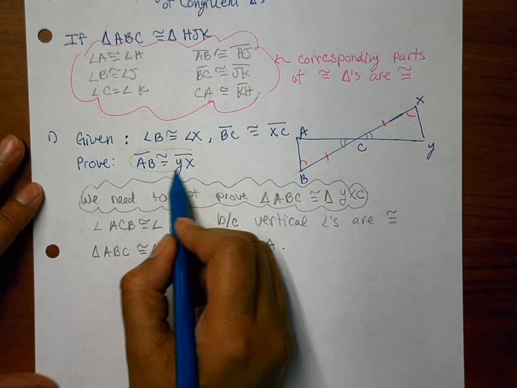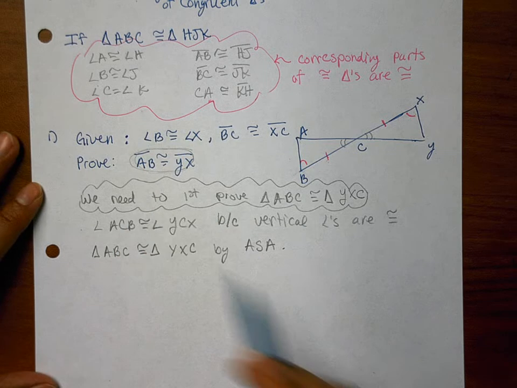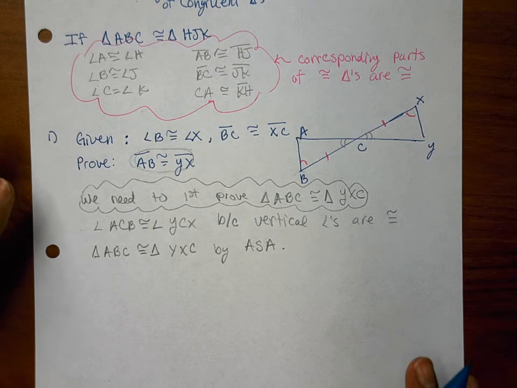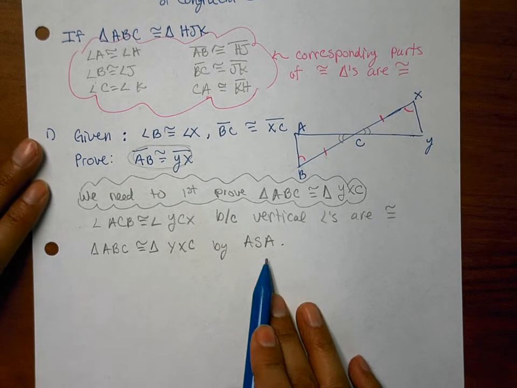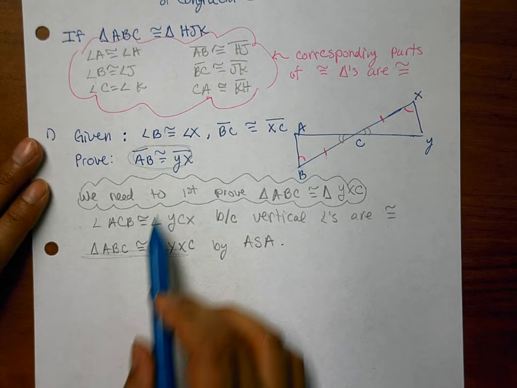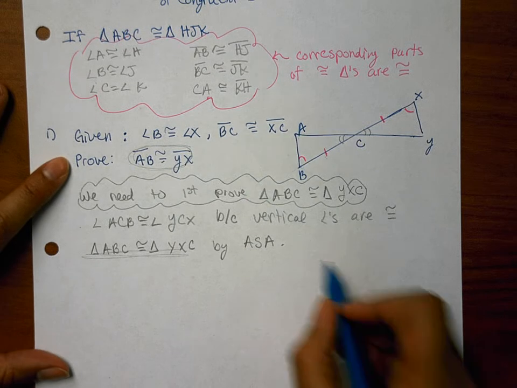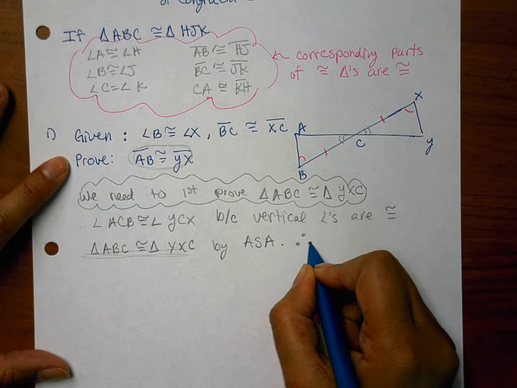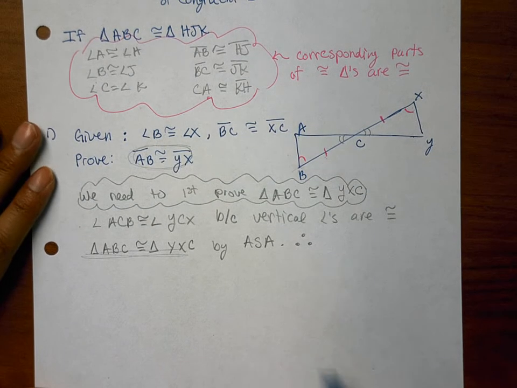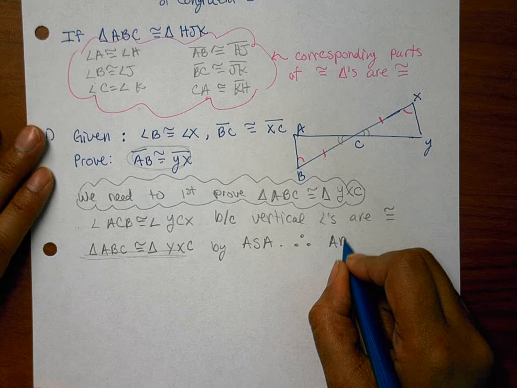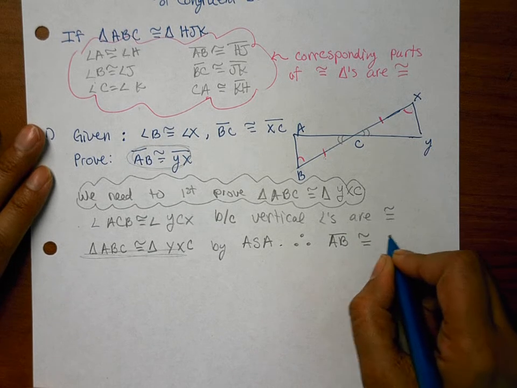All right. Typically, we're done after we've proved the triangles are congruent. But recognize we're not trying to prove the triangles are congruent. We're trying to prove that sides are congruent. So we needed to first do this. Now, after you prove the triangles are congruent, you can now say what you're trying to prove. I'm going to put this symbol here. That means therefore. Dot, dot, dot, like this is therefore.